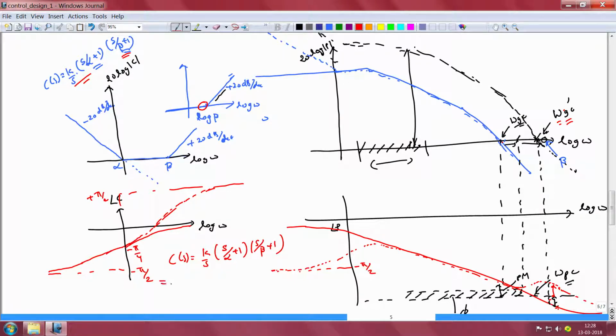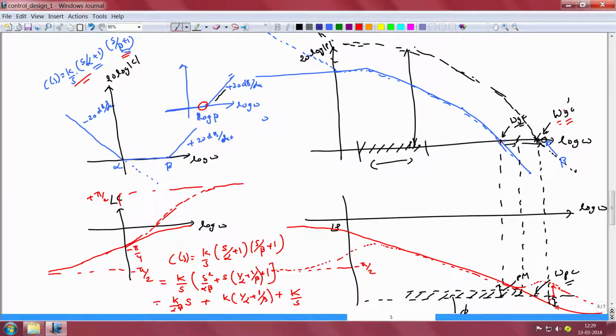And if I were to expand out these terms, I would have it to be of the form k by s times (s squared by alpha beta plus s times (1 by alpha plus 1 by beta) plus 1), which when simplified would give us k by alpha beta times s plus k times (1 by alpha plus 1 by beta) plus k by s.